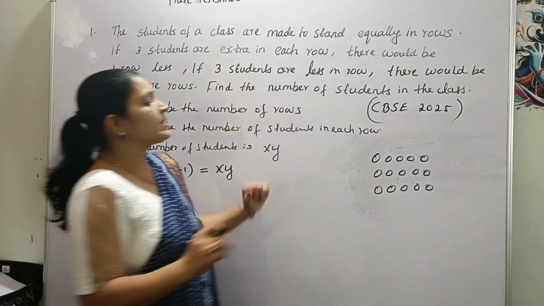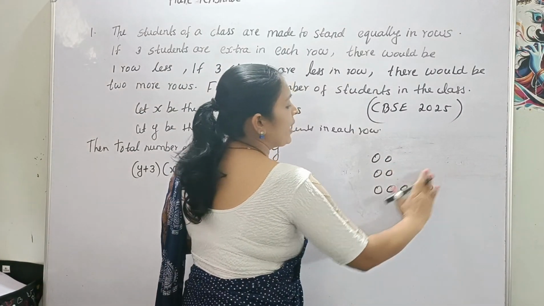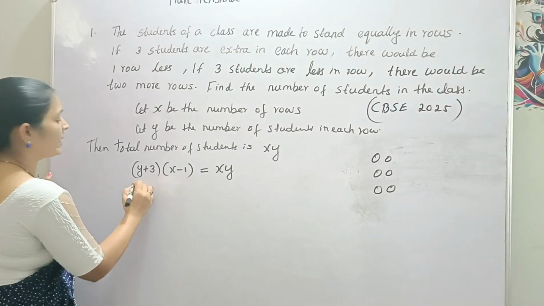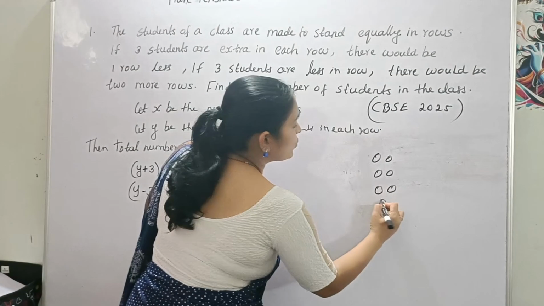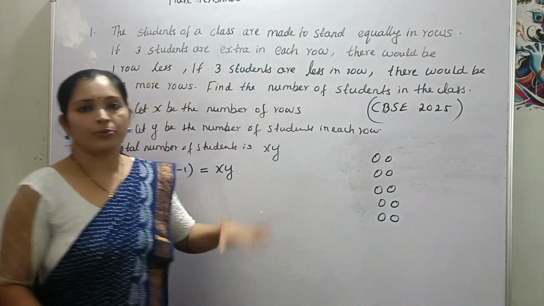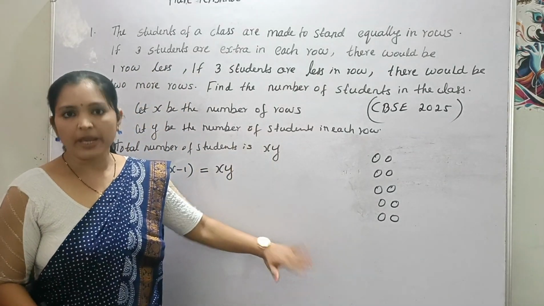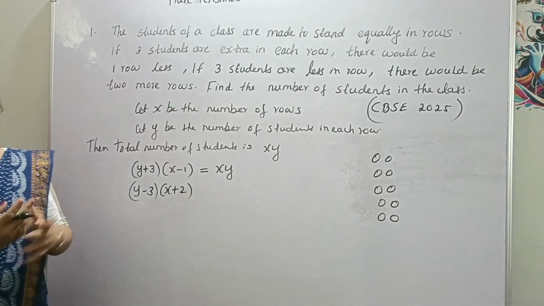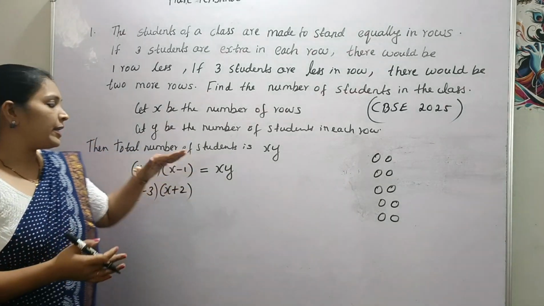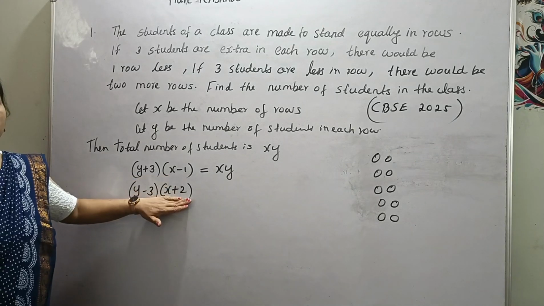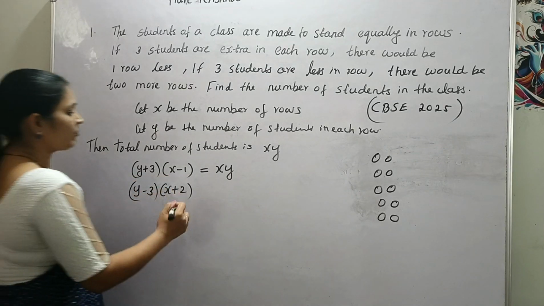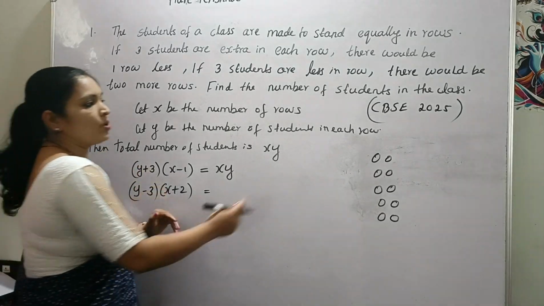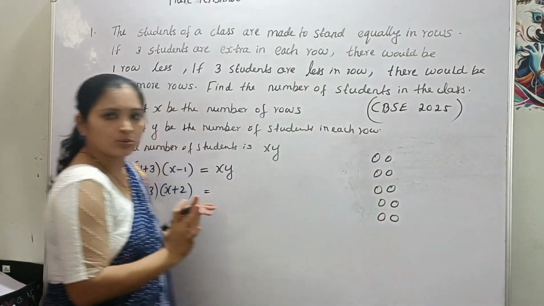Now, if 3 students are less in a row, that means y minus 3, and 2 rows will be added, that is x plus 2. Initially there were x rows, now it has x plus 2 rows. So what is the total number of students? y minus 3 into x plus 2, right?